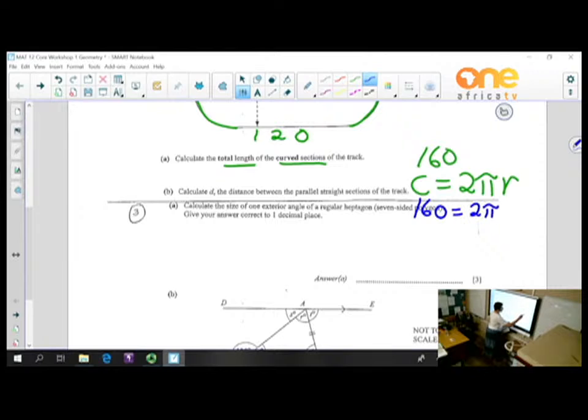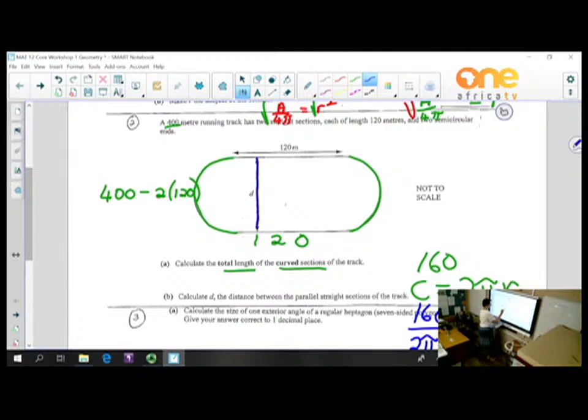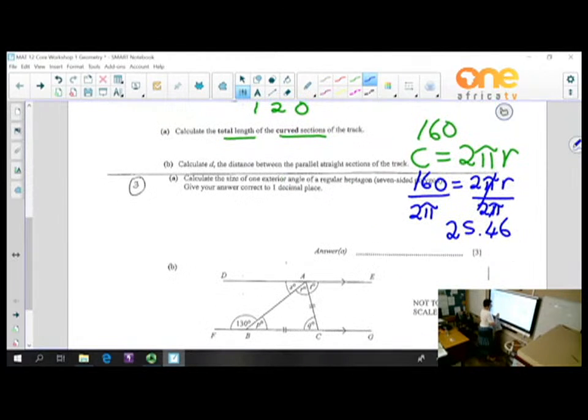So to have r alone here, we will divide by 2 pi. And you divide by 2 pi here. So on your calculator, let's press 160 divide by brackets 2 times shift pi there at the bottom of your calculator, close, is equal to, and now I have 25.46, but now remember, this is the radius, and we want the diameter, so we'll have to multiply that radius by 2.